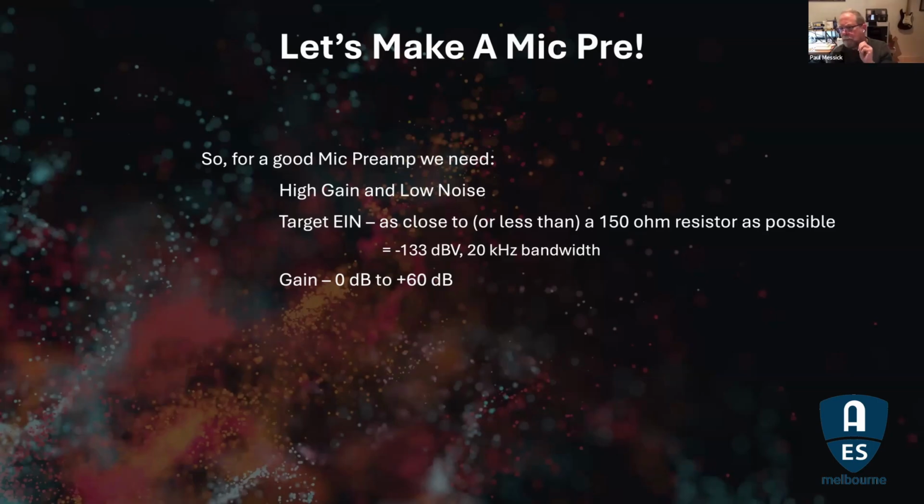And this is because the pot can't go, as you'll see, to infinity. It has some maximum resistance, and that sets what your minimum gain is. If you can go down to 0 dB, it's basically a line input at that point. So you can go from line input to 60 dB of gain, which is pretty useful.